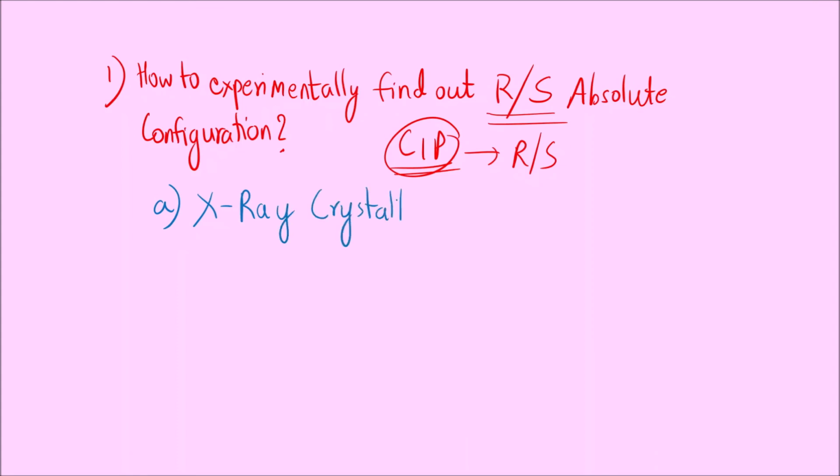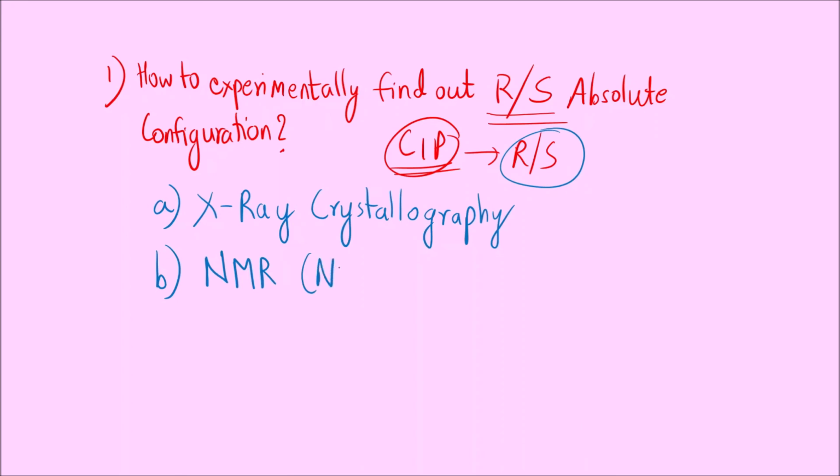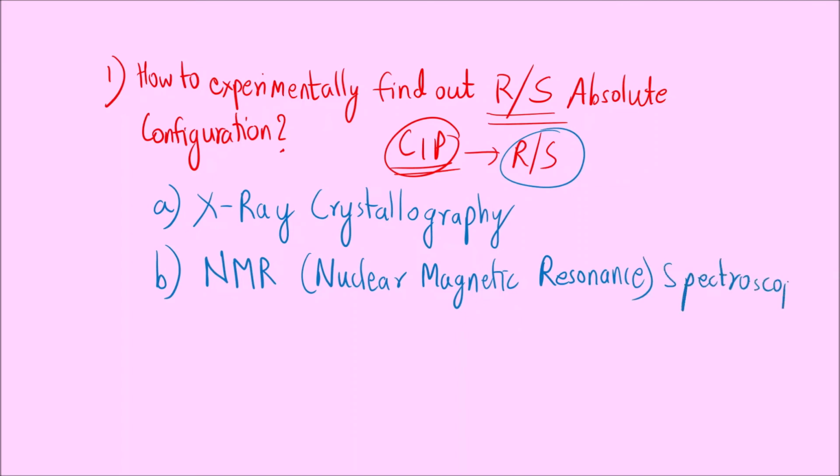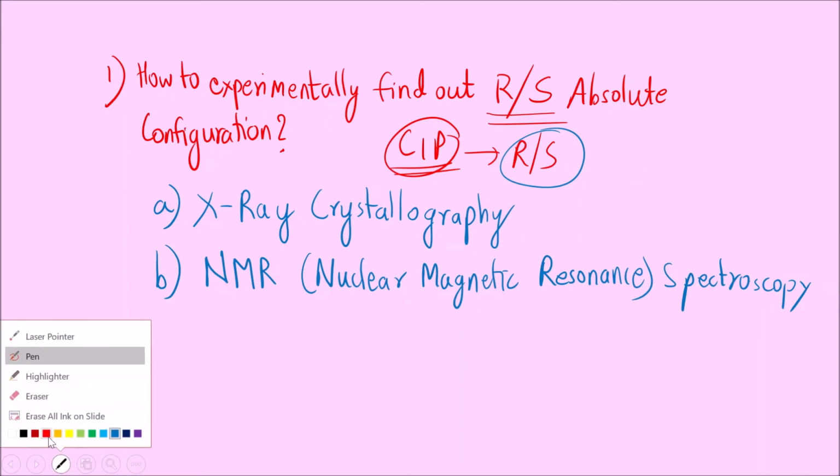That is, we can do X-ray studies and find out whether the absolute configuration is R or S. And the second technique that can be used is NMR, or nuclear magnetic resonance spectroscopy. These are the two techniques that can be used to find out whether the absolute configuration is R or S.